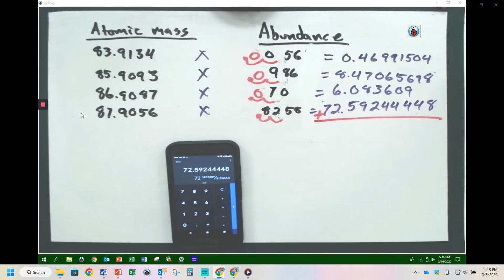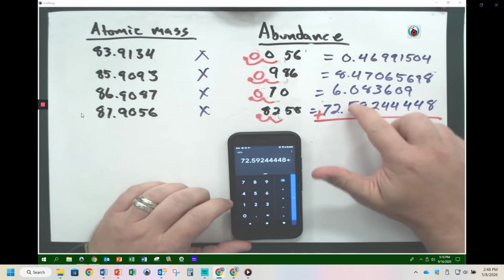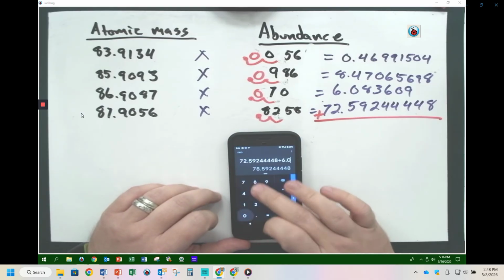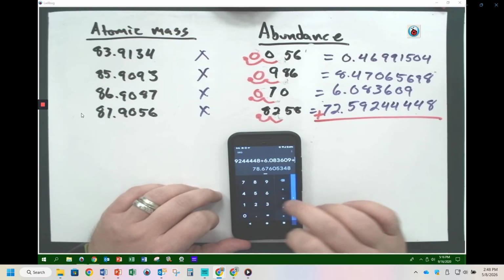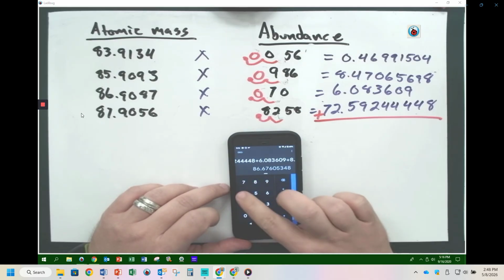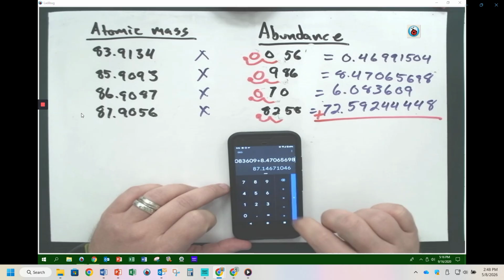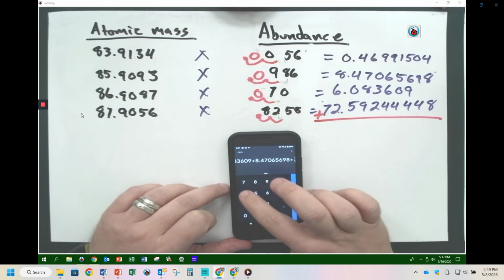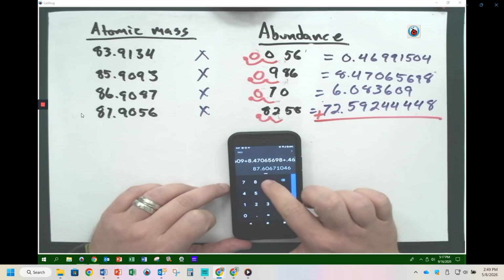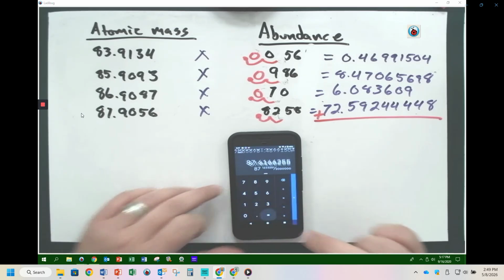Okay, so I've done my mass times abundance for all of my isotopes, and now I'm going to do the last part of adding all of those together. So I have this one in my calculator, so I'm just going to leave it there and do plus. I'm going to go up here, 6.083609 plus 8.47065698 plus 0.46991504 equals.